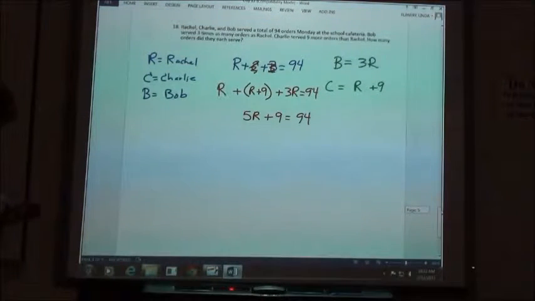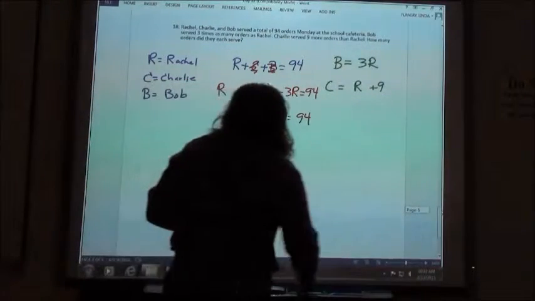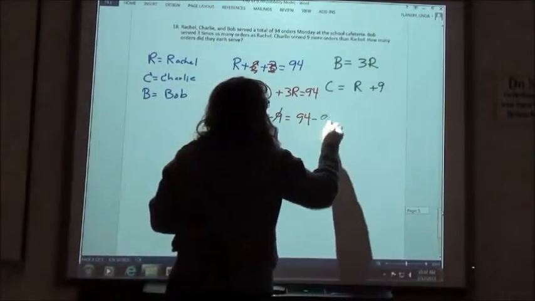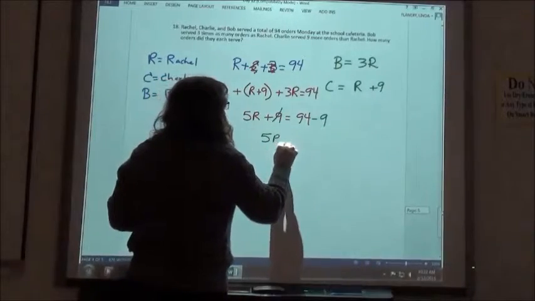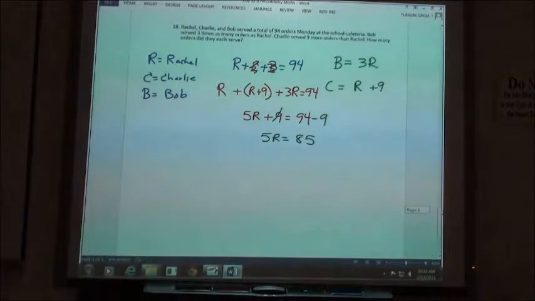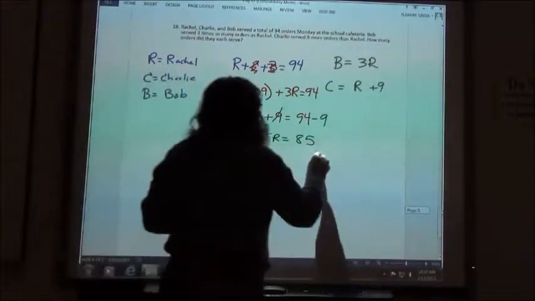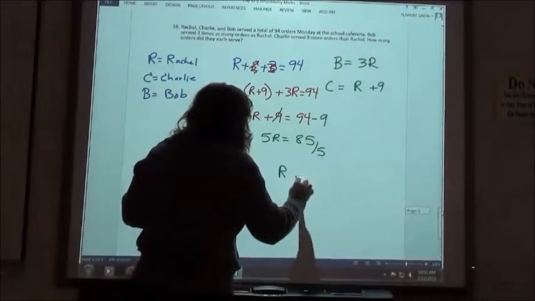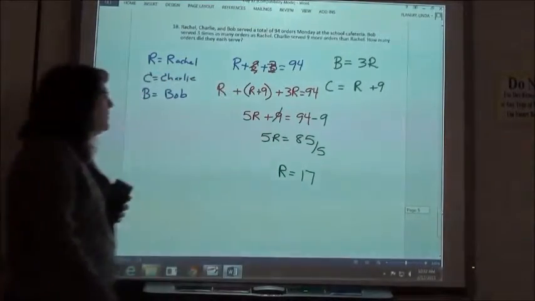In order to solve that, we're going to have to subtract the 9 to move it to the other side. 5R is then equal to 85. Then we have to divide by 5, so R is equal to 17.